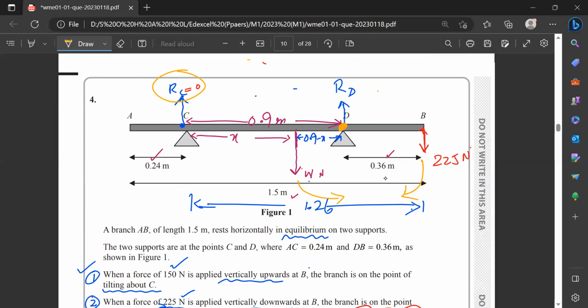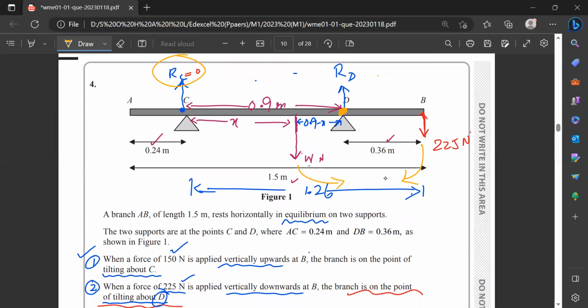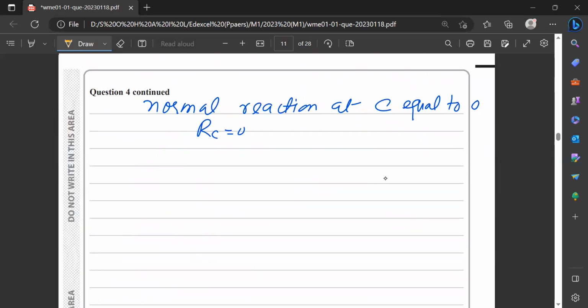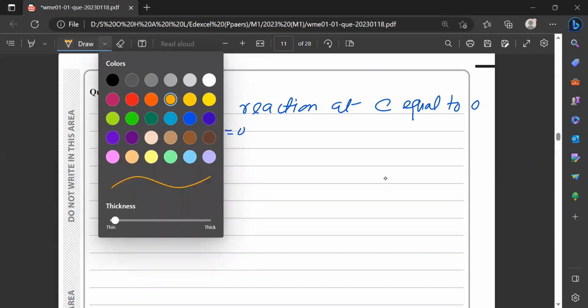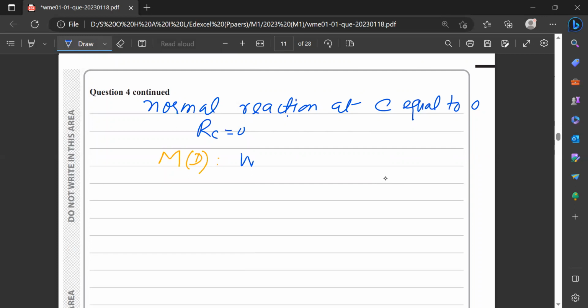So 225 multiplied by 0.36 is equal to W multiplied by 0.9 minus X. So W into 0.9 minus X is equal to 225 into 0.36. 0.9 W minus Wx is equal to 225 multiplied by 0.36, which is 81.